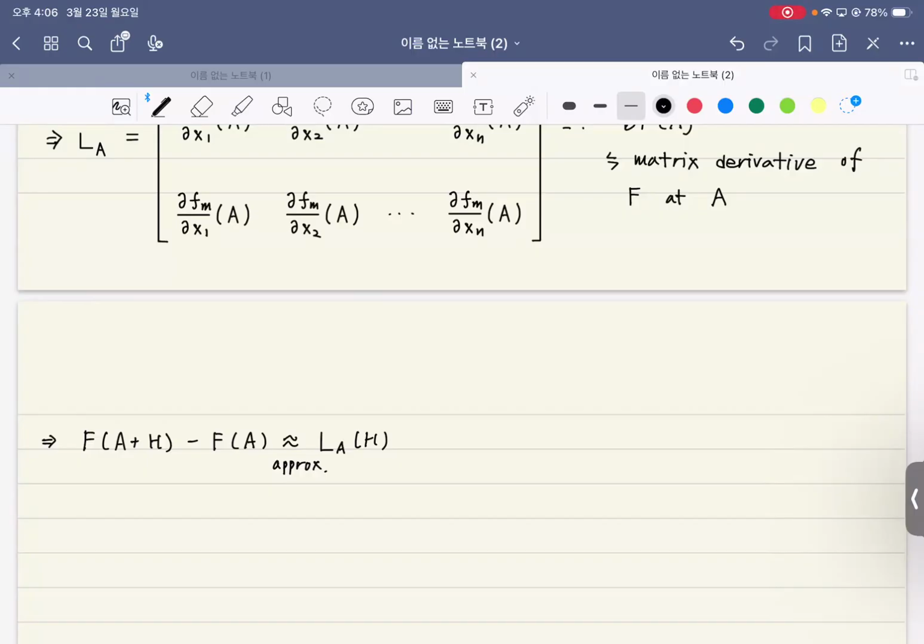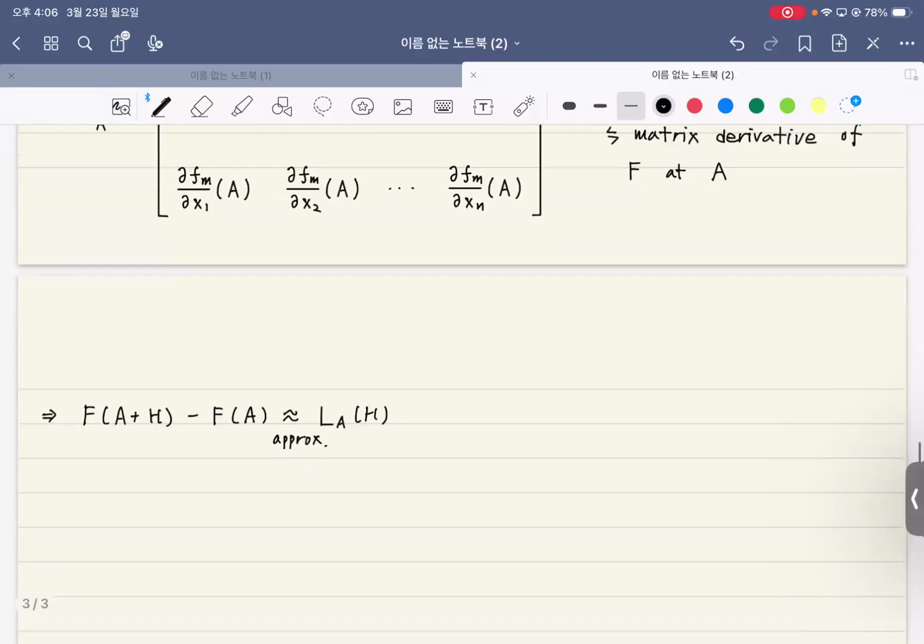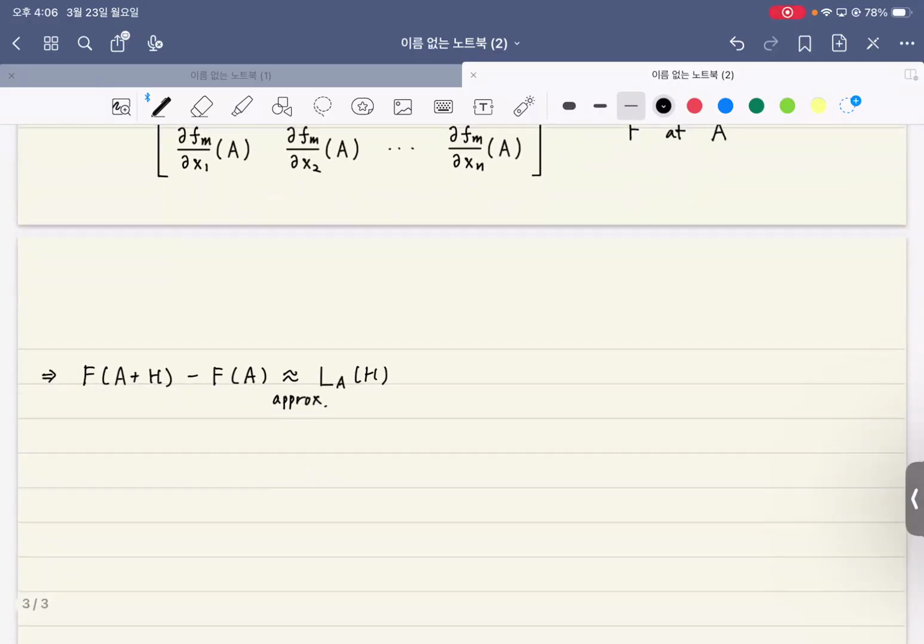So important. So this last expression can also be written as: f of a plus h can be approximated by f of a plus L_a times h.